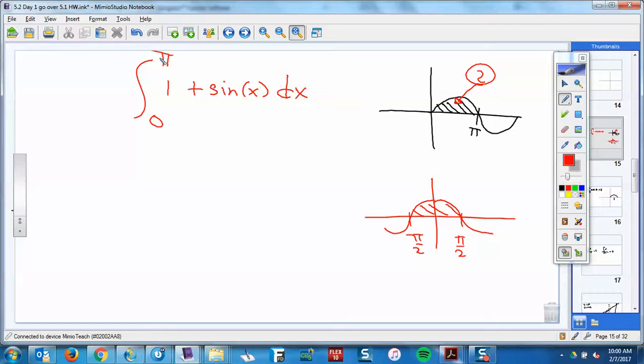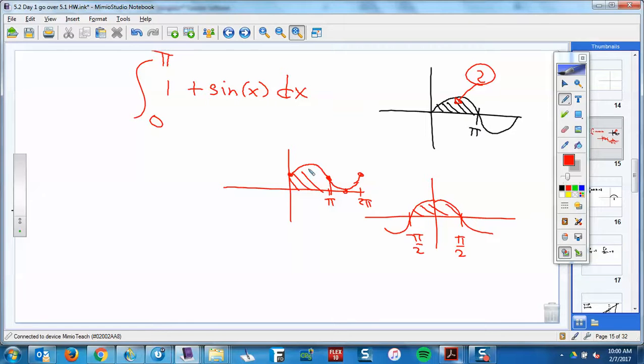So I say there are 2 ways to do this one. One is to separate it. Did anybody do something different than that? What is 1 plus sine x? What does that function look like? Isn't it the sine graph shifted up 1? So this would be 2 pi here. This would be pi right here. Right?